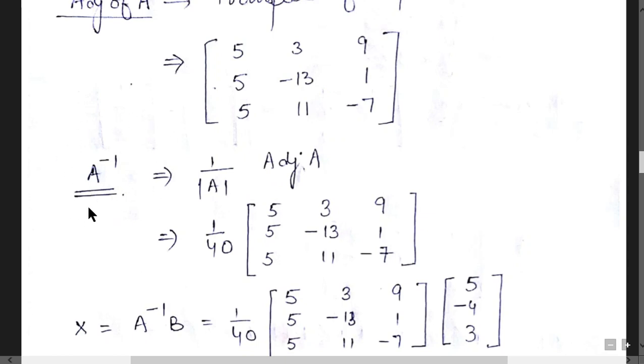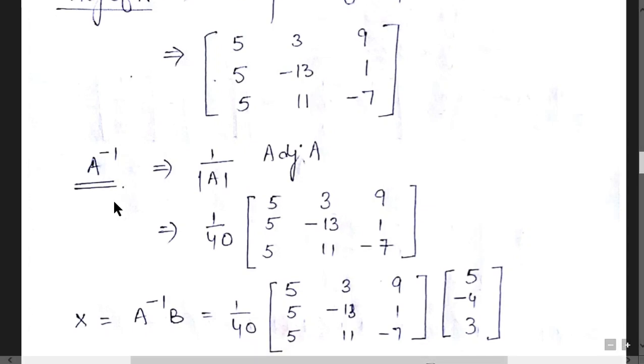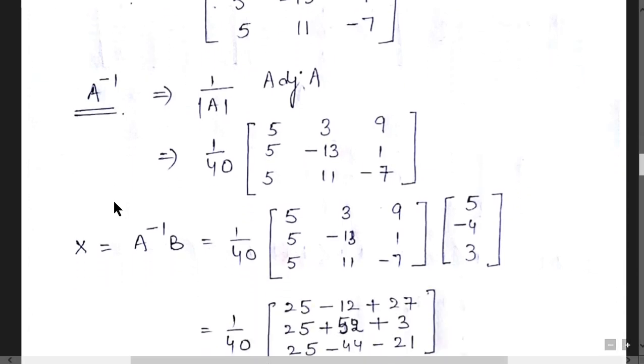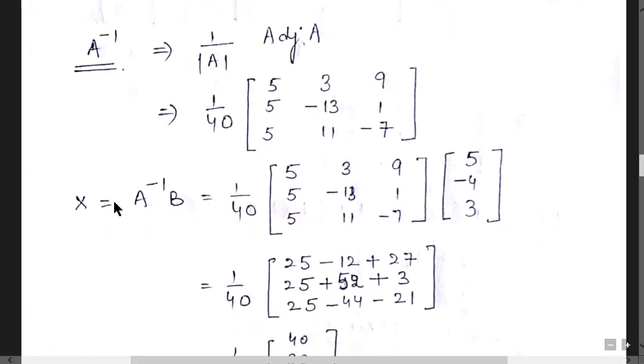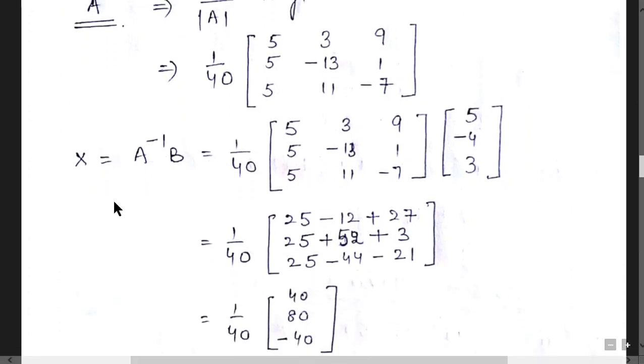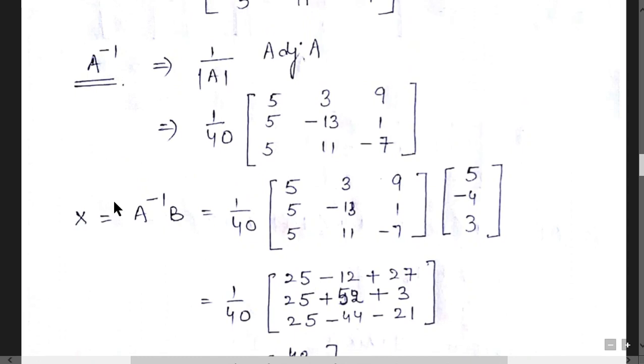Basically, calculation is important in these questions: plus, minus, multiplication and division. These are important. If you know the formula of adjoint A or modulus of A, after that you have to multiply, divide, add and subtract. Please don't make mistakes in the addition and subtraction part.